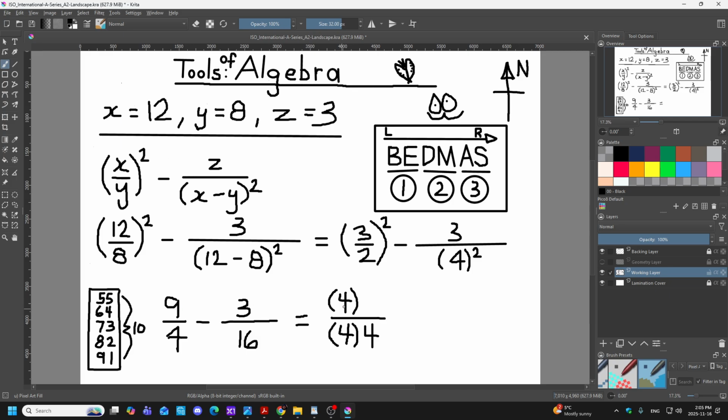Okay, 9's unchanged. Then we have subtract. This is unchanged, right? Because that's our common denominator. Wish I wasn't running out of room here. Okay, so essentially this becomes 16. 9 times 4, right? 9 times 2 is 18. 18 times 2 is 36.